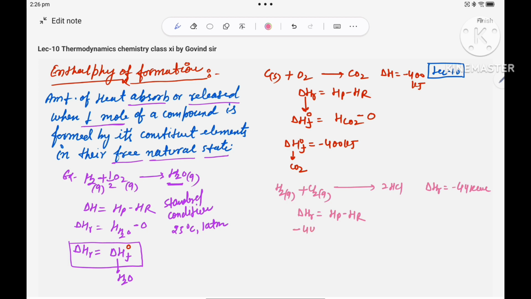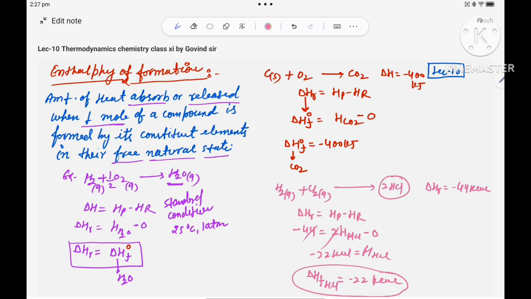Here 44 is equal to, product is 2 HCl, enthalpy of 2 HCl minus 0. So it will be 22 kilocalorie, enthalpy of HCl. So enthalpy of formation of HCl will be minus 22 kilocalorie, because here 2 moles are formed, and enthalpy of formation is for formation of 1 mole. That is the concept.